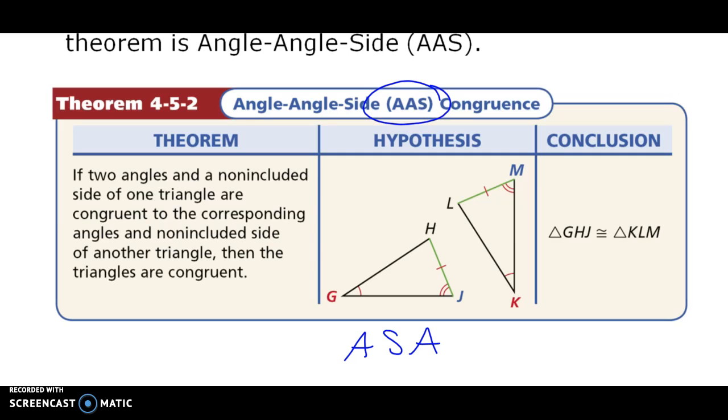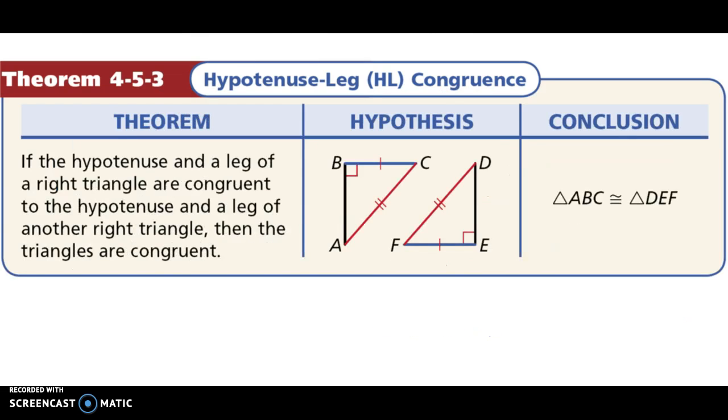Yeah, is the side in between the two angles? No. For this to be ASA, it would have to look like that. The side has to be between the two A's. It's in that order for a reason. So be careful. This is actually AAS. The side is not between the two angles. It's an angle, the very next angle, and then a side around the corner. So know the difference between those two.